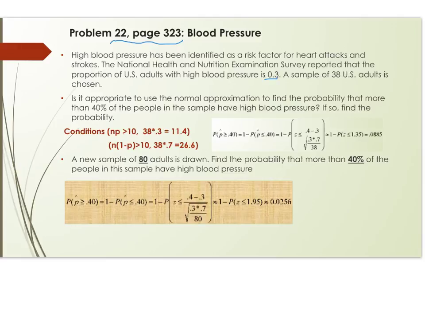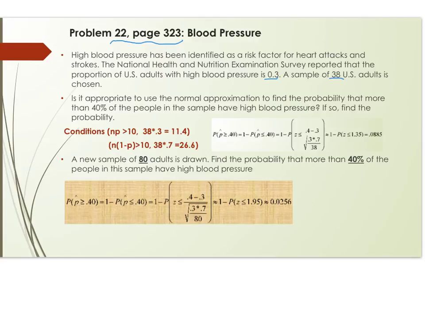A sample of 38 U.S. adults is chosen. The first question is, is it appropriate to use the normal approximation to find the probability that more than 40% of the people in this sample have high blood pressure? If so, find the probability.